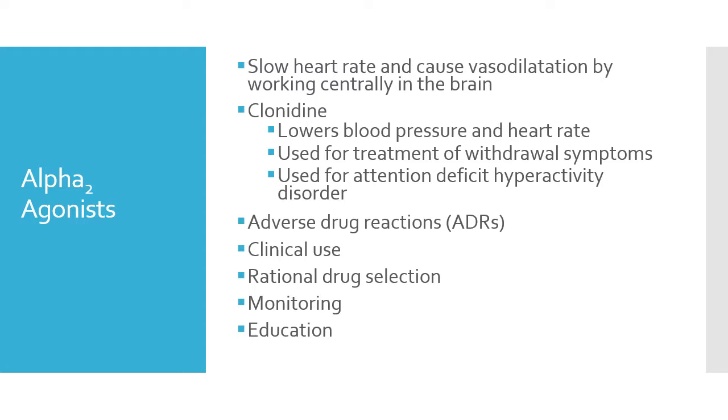For the beta-2 agonists, they're used primarily in asthma and COPD treatment. These are the drugs such as albuterol or Ventolin, Proventil, Alupent, Maxair, Xopenex. They have an effect on smooth muscle, and they cause dilation of bronchial passages. They also vasodilate the muscles in the liver and uterine muscles.